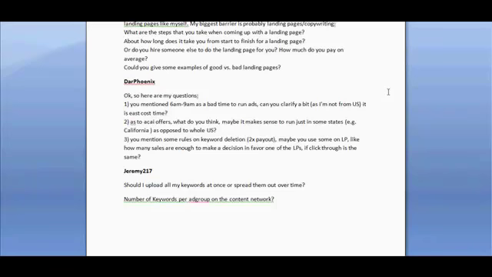So what I typically do is once a landing page has received a minimum of 50 click-throughs. So you may send 200 visitors to landing page 1 and 200 to landing page 2.